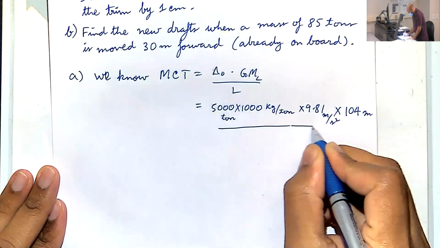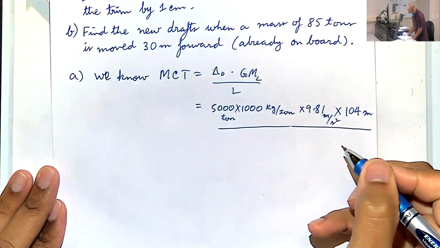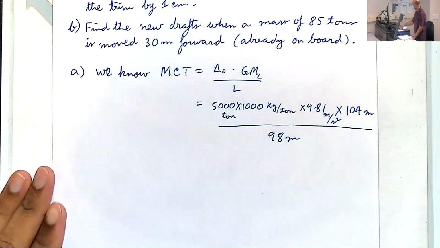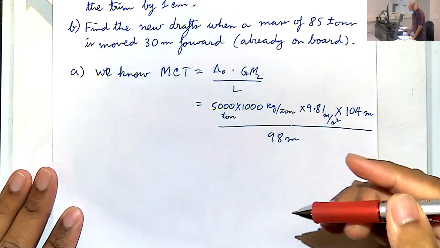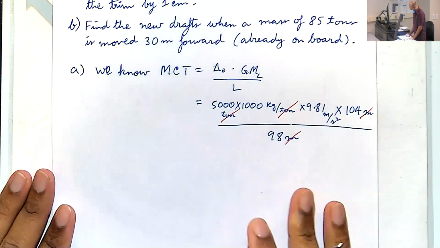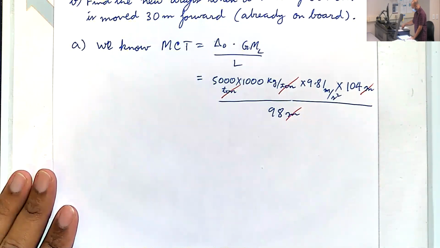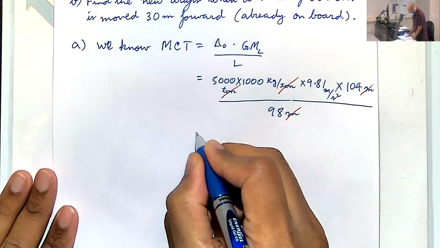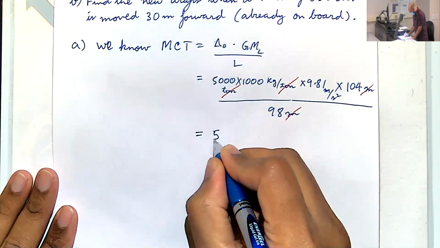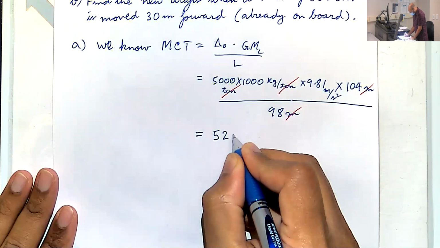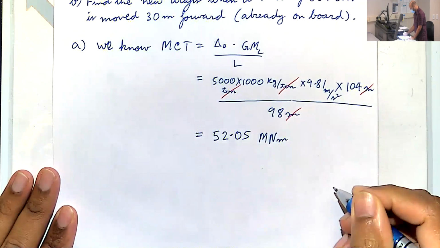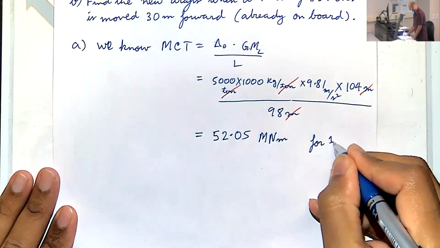And in the bottom, we have the length. Length was 98 meters. When you compute all of this, you'll get 52.05 mega Newton meter for 1 meter change in trim.